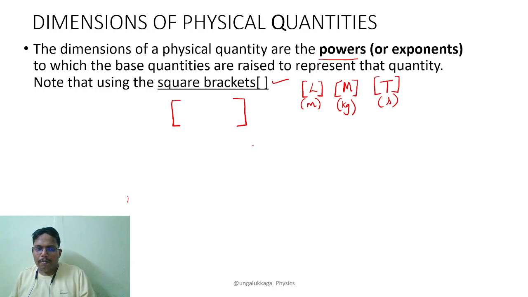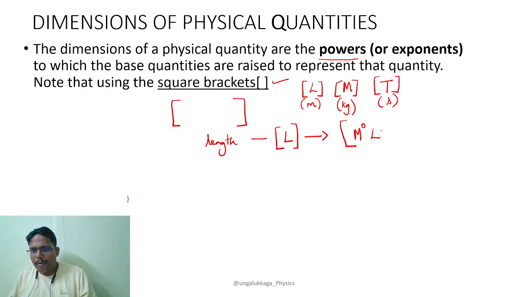For example, if I want to write the dimension of length, it can be written like this. For distance and displacement, those things are length. So we can write L in a square bracket, or more generally we can write it as M power 0, L power 1, and T power 0, the combination of three fundamental dimensions.